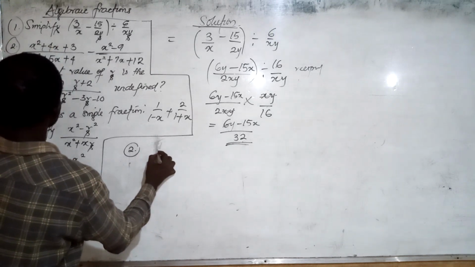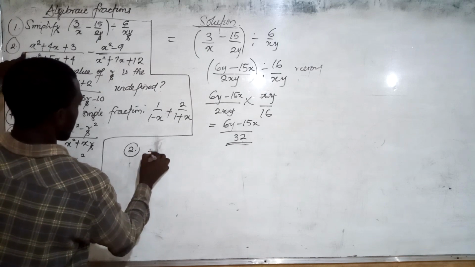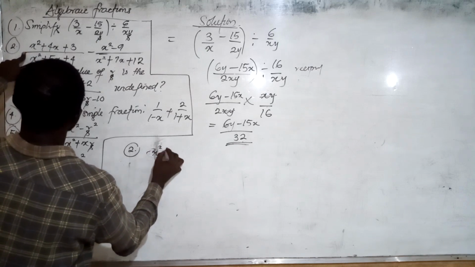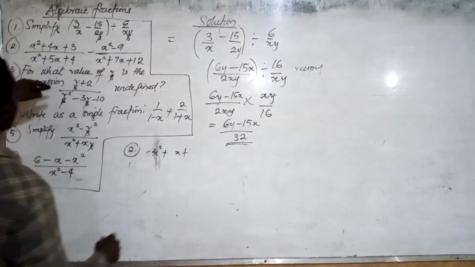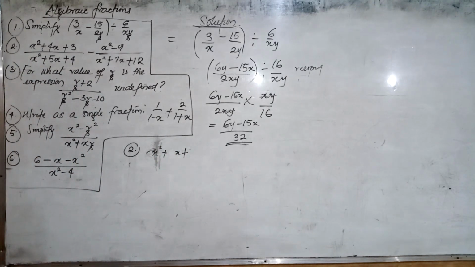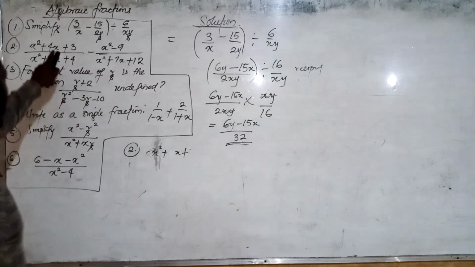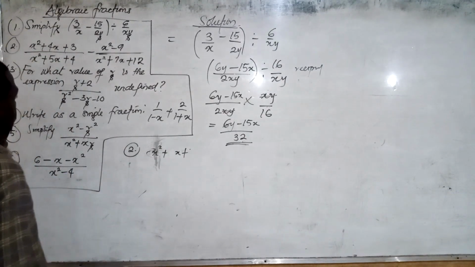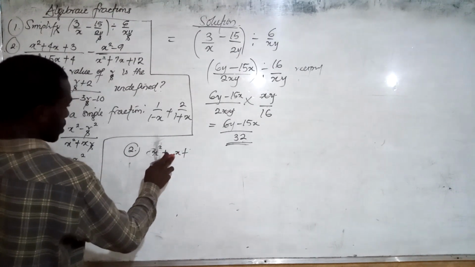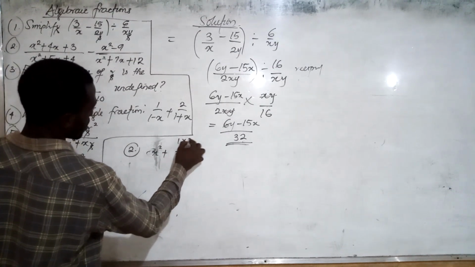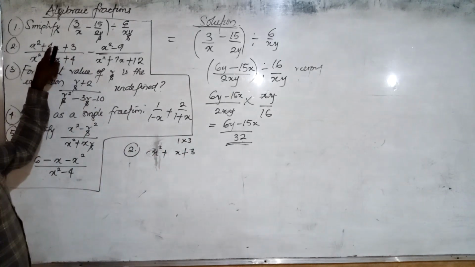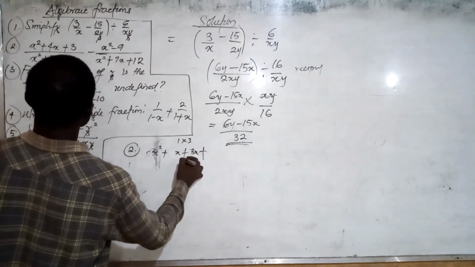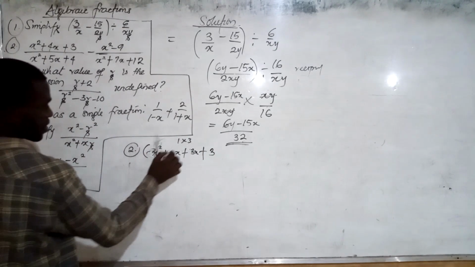So the first one is going to be x squared plus 4x plus 3, by factorization. This is going to give us x squared plus x plus 3x plus 3. Because this is 1 and 3, when I multiply together that will give us 3, and when we add them, we are going to get 4x. And we can now factorize.